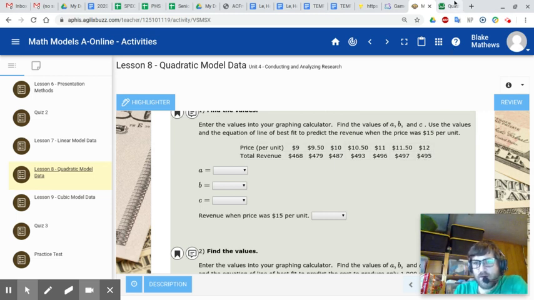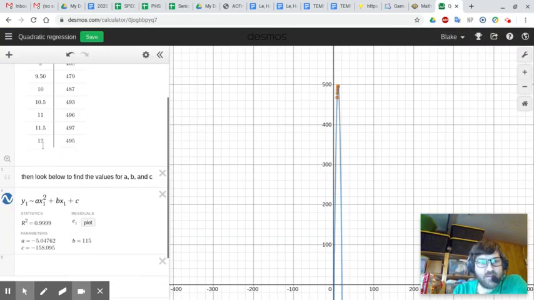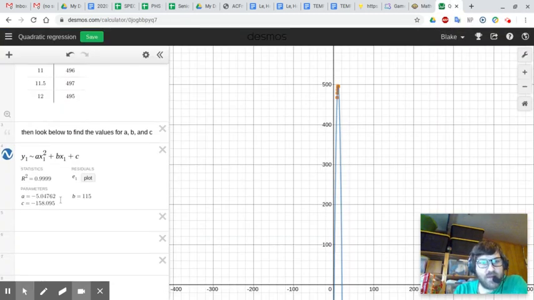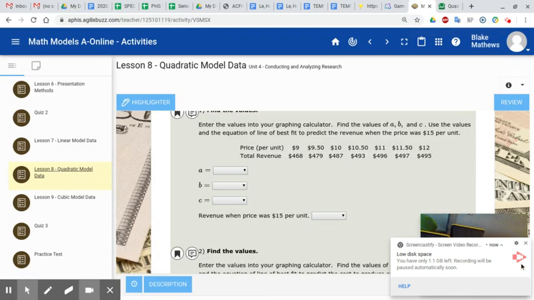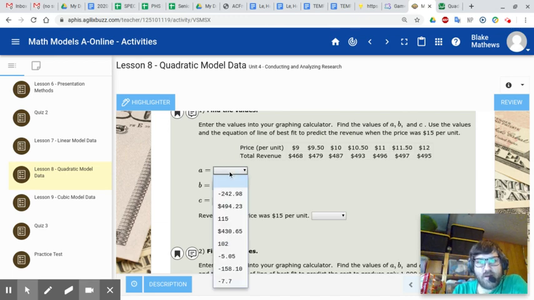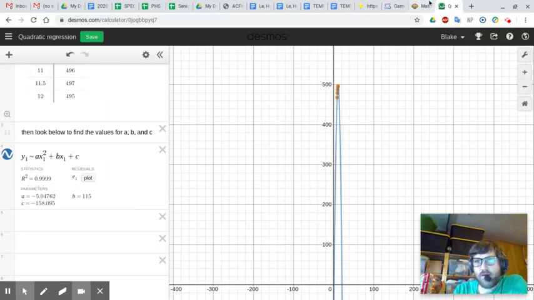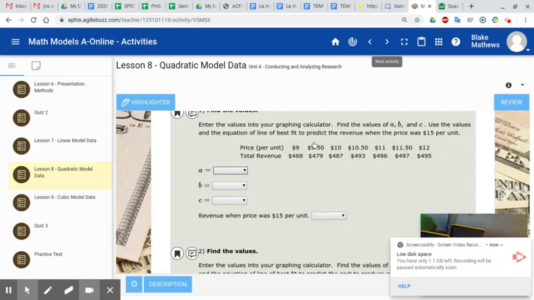We've entered them in. And then we can see we have an A, a B, and a C value. The A, B, and C values are going to be what we find here. So the A value was, let's see, -5. There it is, -5.05.